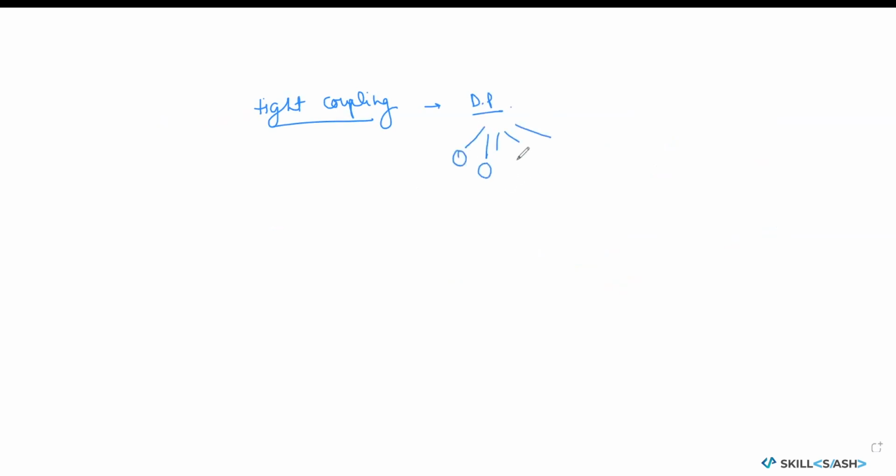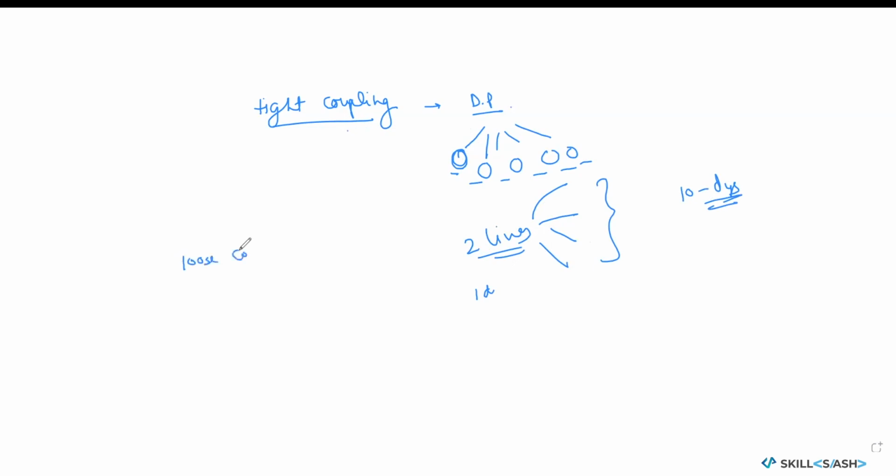Whenever you want to change some design problems or some classes over here, your change of the class will be of 2 lines, but it will start affecting the rest of the classes, and at the end your 1 day's task can be completed in, let's say, 10 days. So that is tight coupling.